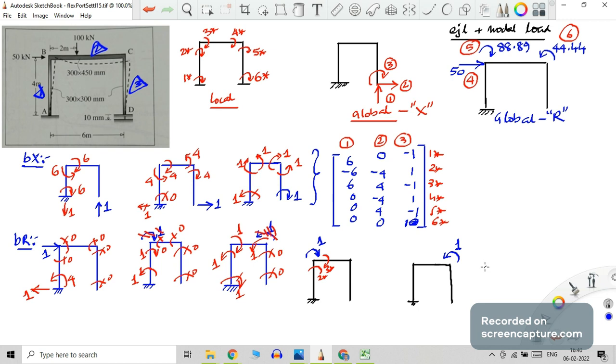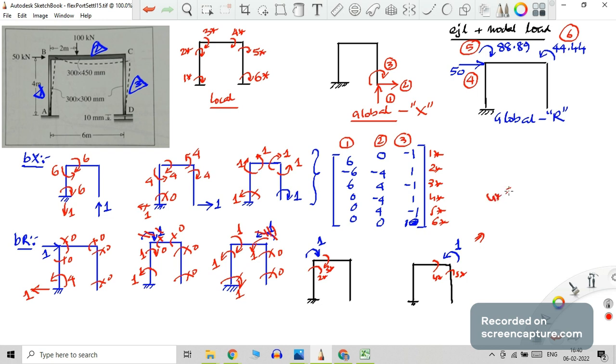Coordinate 6 is anti-clockwise. Here also students have a doubt how this is to be distributed among 4 star and 5 star. There are many possibilities.